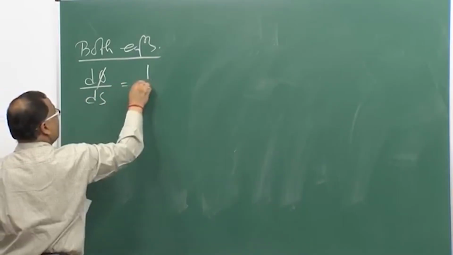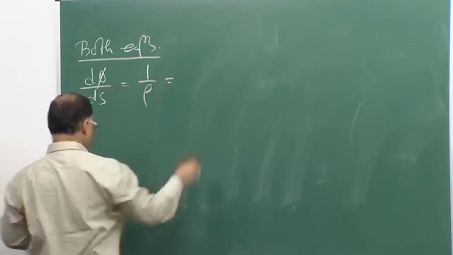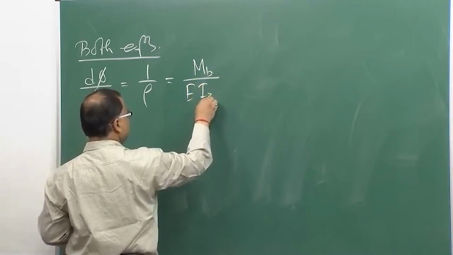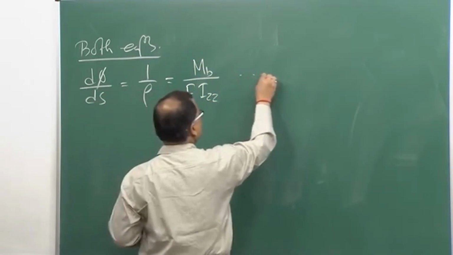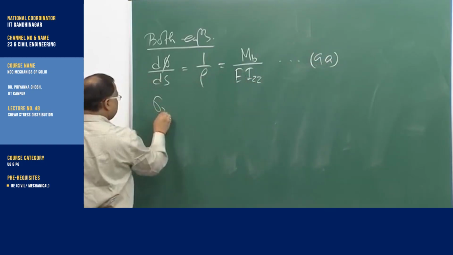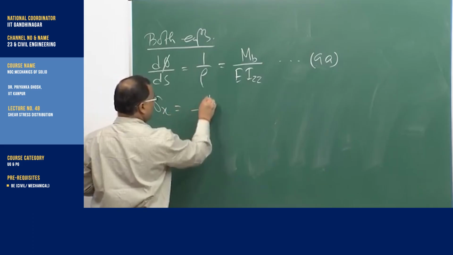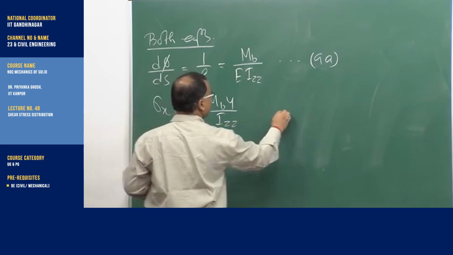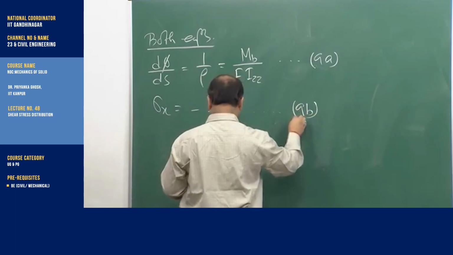Now, both equations whatever you have got, do you recall that d phi ds is equal to 1 by rho is equal to M by E Izz, equation 9a, and you have got sigma x equal to minus M y by Izz, equation 9b.